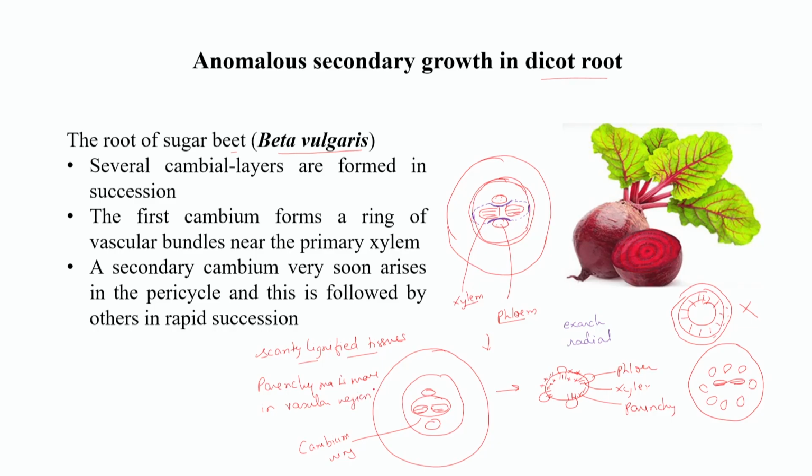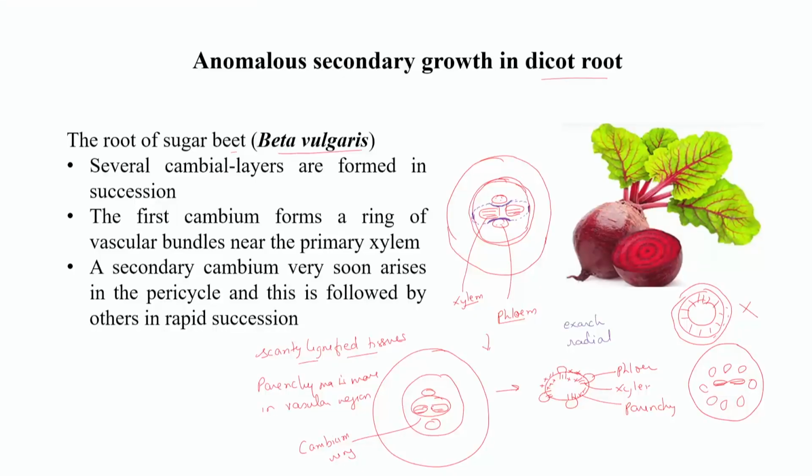See, in vascular bundles also you have parenchyma, because xylem also has xylem parenchyma, phloem also has phloem parenchyma. Okay, but when they are performing secondary tissue formation, the amount of parenchyma will be more as compared to the rest of the tissues, because they are basically modified for storage, and parenchyma is the one which will be utilized in storage, because if they have a lot of tracheids and vessels, the function of that tissue is not fulfilled. So more parenchymatous tissue will be there in the secondary vascular regions also.